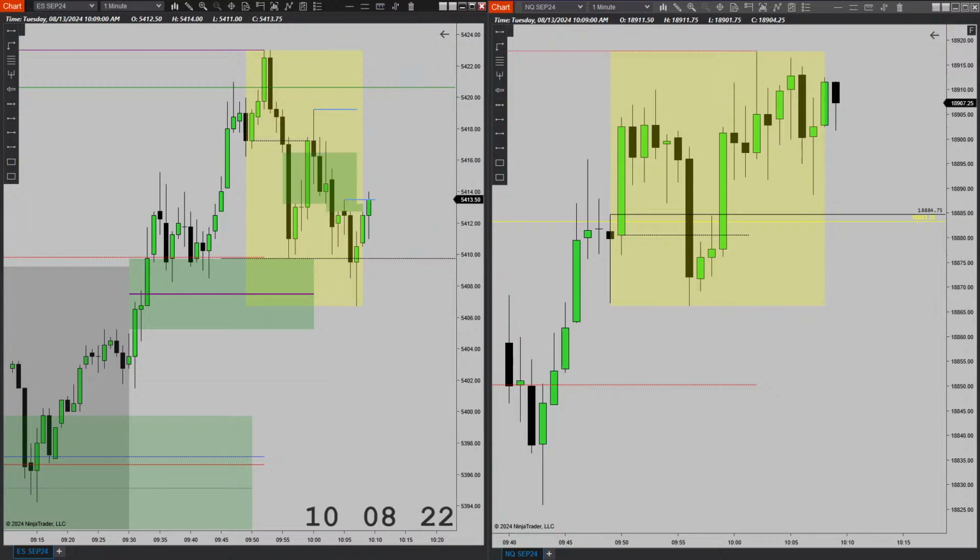All right. I want to see how price closes there. We do technically have a market structure shift, but I'm not going to take my stop until the close of this candle.